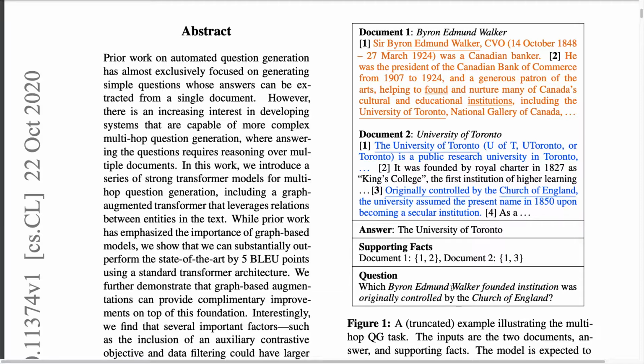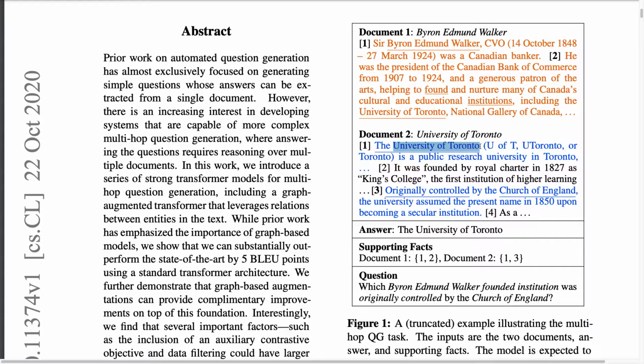The second model is also integrating a graph and inputting that in addition to the text. This graph is basically based on entities extracted from the articles, for example, University of Toronto. And this graph is also applying some coreference resolution to link entities across those documents.